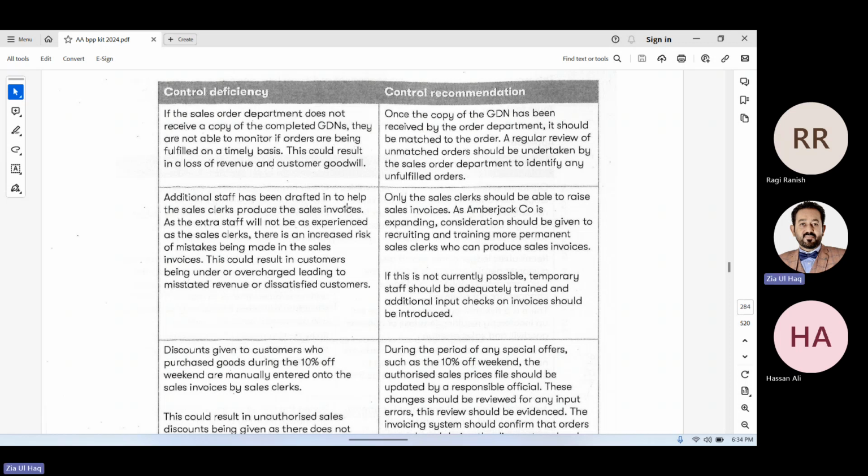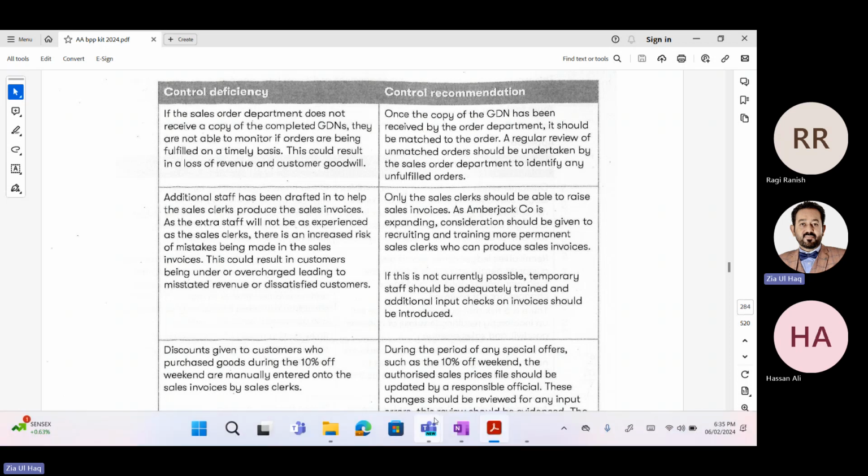Additional staff have been drafted to help the sales clerk produce the sales invoices, but the extra staff will not have experience, so there is increased risk of mistakes in the sales invoices. So these are the recommendations. In implication and weakness, we are explaining in one column, and the other column is just for the recommendation, what controls the company should adopt.